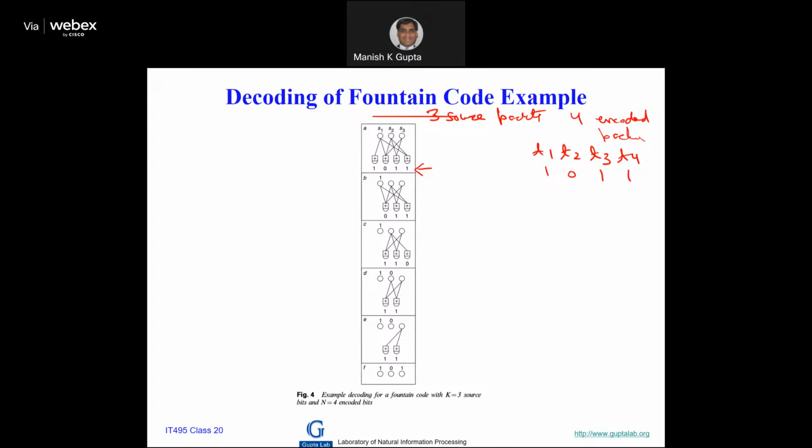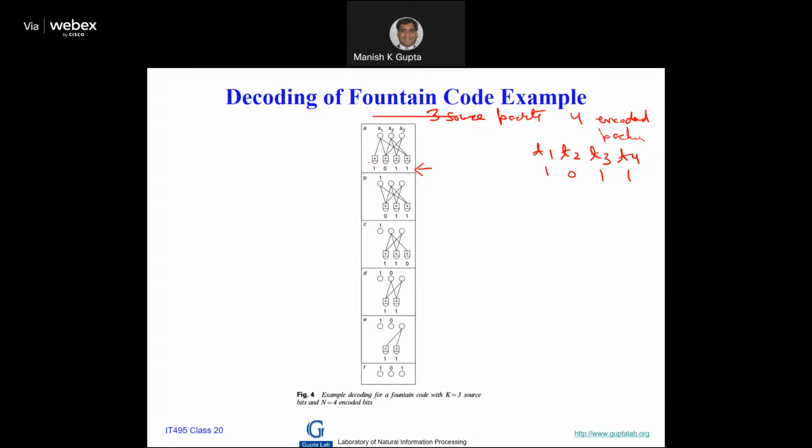Okay, T1. Then what I do is, because my task is to find the values of S1, S2, S3, which are the source packets, and these are the encoded packets that I received, the received check nodes T1, T2, T3, T4, I take this one bit here.